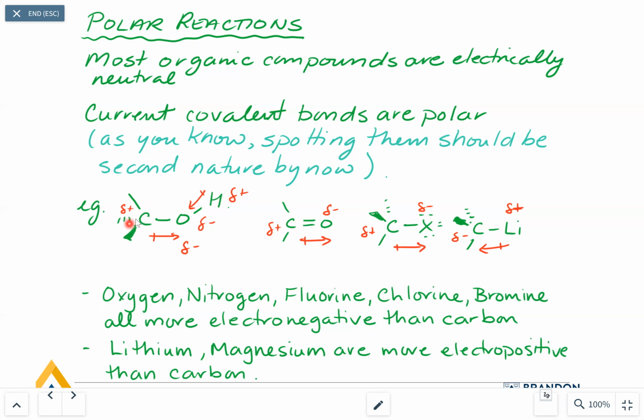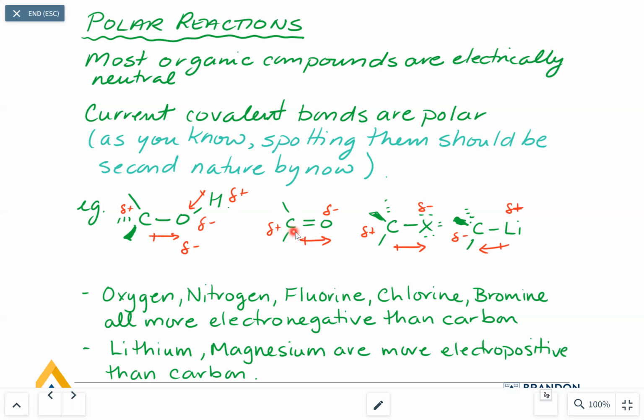So there's basically two places where some chemistry can take place. We'll see that the majority of the time it takes place at the proton, but there's going to be a couple of examples later on where it's going to take place at the carbon.